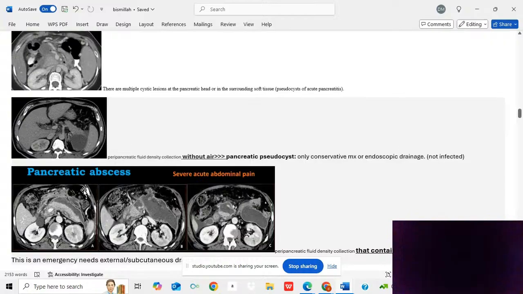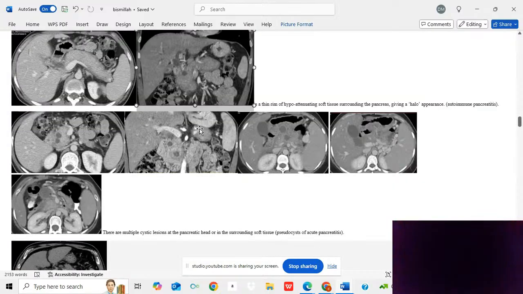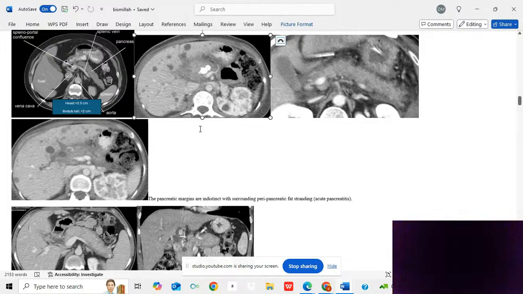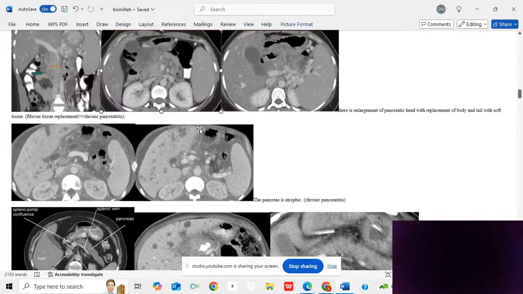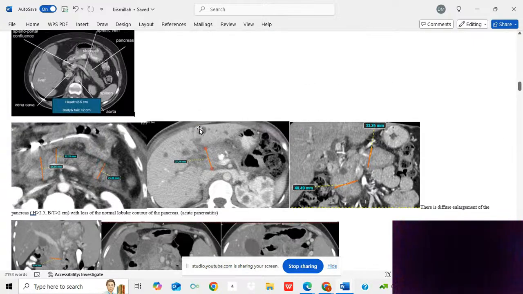However, pancreatic abscess should be externally drained. Okay, and both of them can be seen in pancreatitis cases.